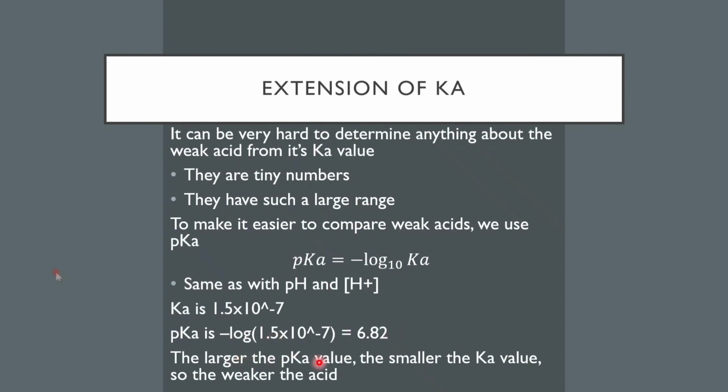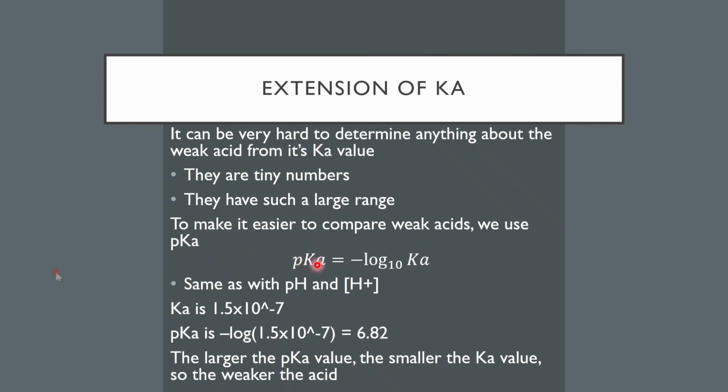So the larger the pKa value means the smaller our Ka value, and this is because of logarithmic relationships. But you don't have to understand that. We just know that the larger the pKa value, the smaller our original Ka value actually was. And the smaller the Ka value, the weaker the acid. So a larger pKa means a weaker acid, and that is how we can compare weak acids using pKa.